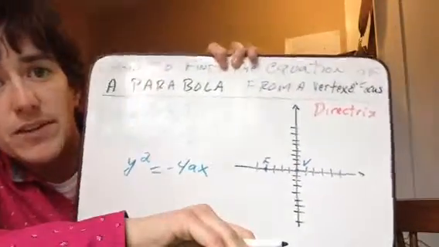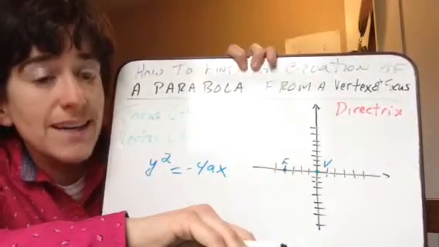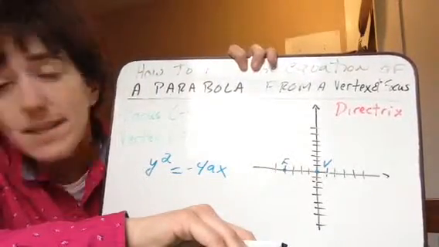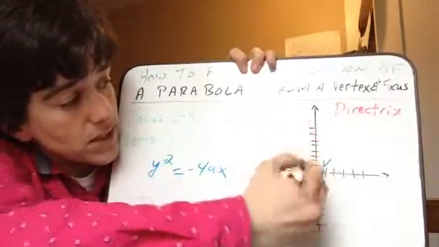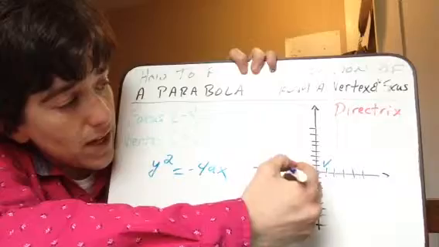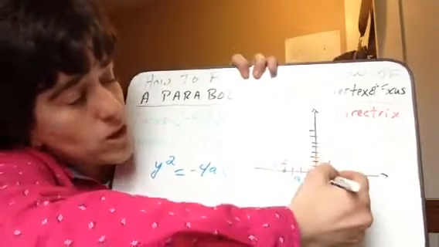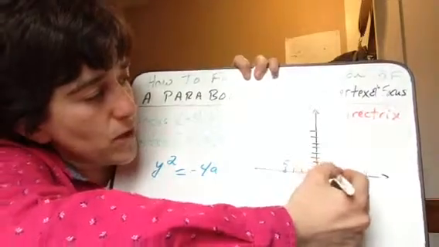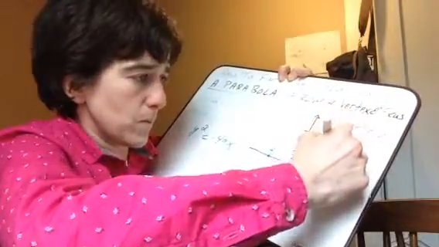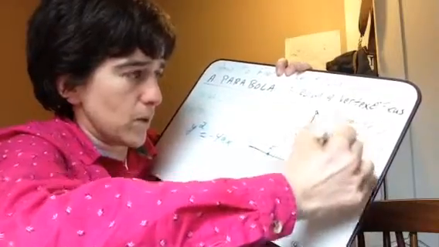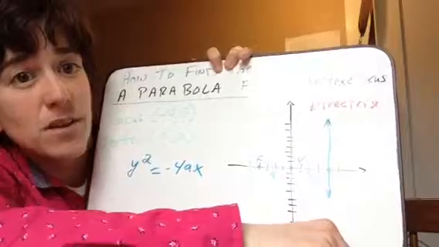Now before I even get into working on my equation, what I can do with the information I have here is show my directrix. The distance from V to F, we call A, which is also the same distance as the focus to my line, which is my directrix. These are both A, they're equidistant.